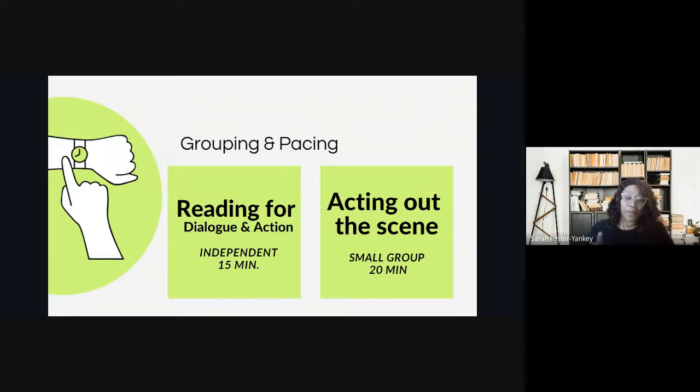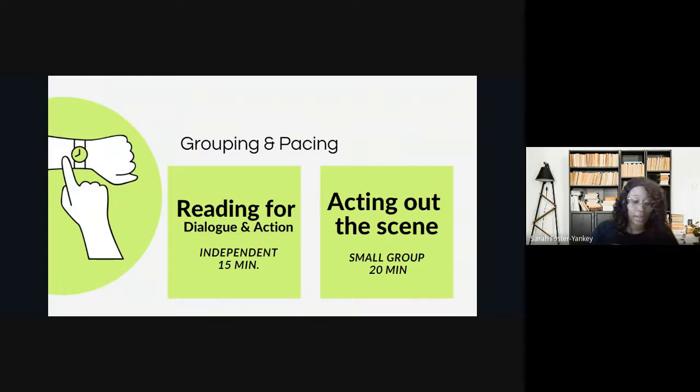Before we talk about that part, I did want to point out there's a really good check for understanding for that reading for dialogue and action component, where the teacher calls on a student and asks them what they underlined as the first line of dialogue, and then does a poll for the class to see if they agree or disagree.